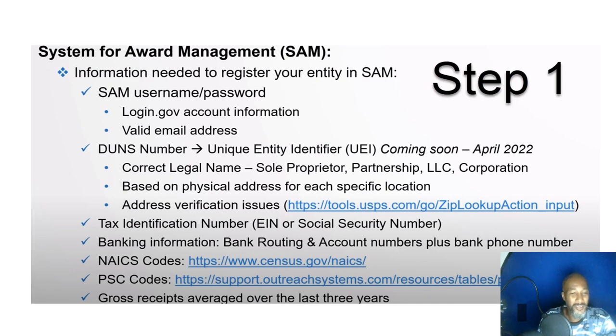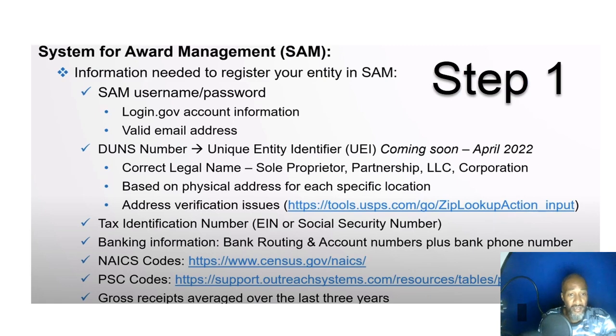So then make sure you have your correct legal name, whether you're a sole proprietor, partnership, LLC, or corporation. If you're a partnership, you're going to have all your partners involved, and based on your physical address for each specific location.